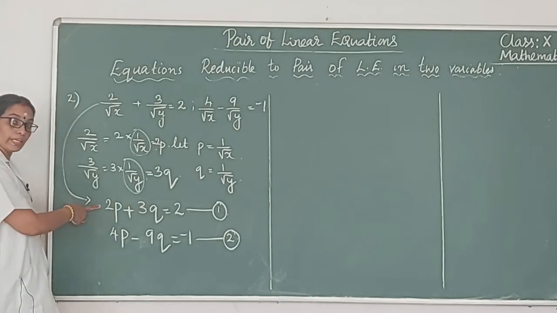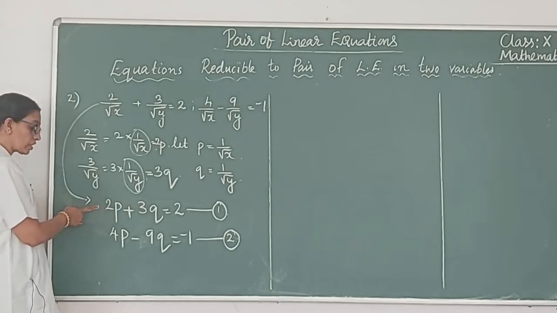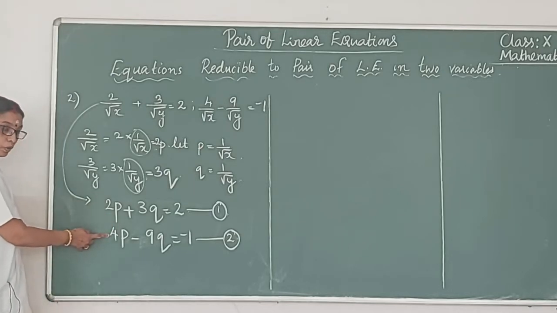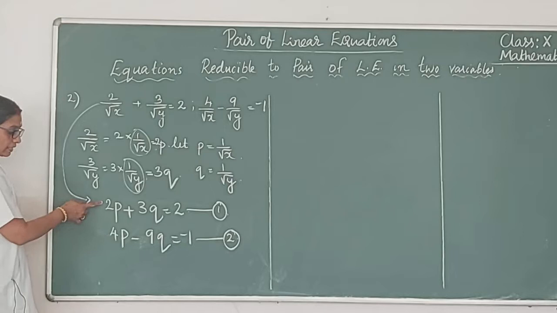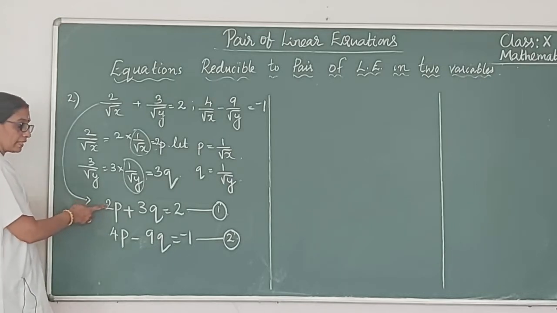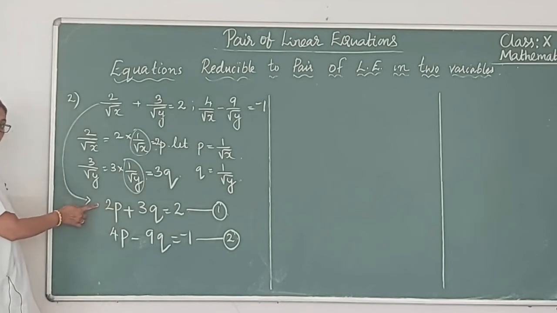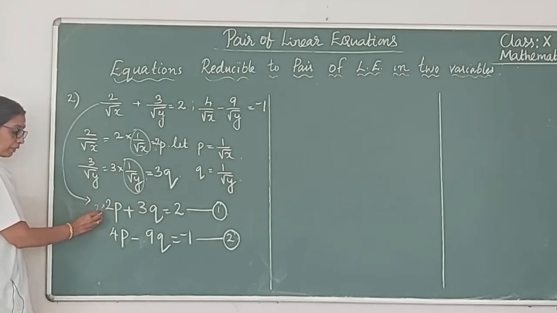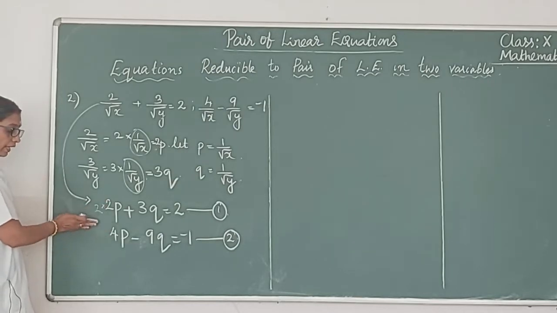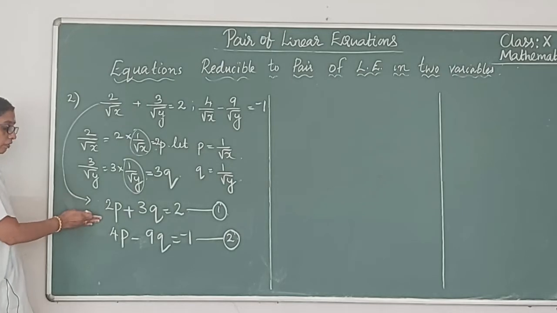Here I am going to equalize the coefficient of p. Okay. So here it is 4p. How can we change this as 4p? What we have to do with this first equation? We have to multiply by 2. If we are multiplying by 2, this will become 4p.